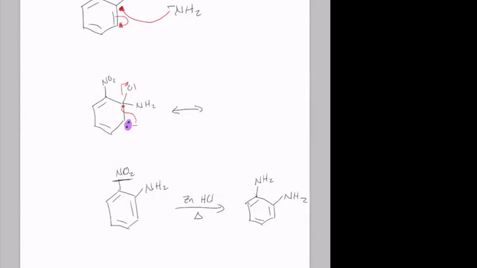Those can be particularly important, especially because they change those functional groups from being ortho/para directing to meta directing, or vice versa. In this case, we've changed our nitro group, which is a meta director, into the ortho/para amine group.